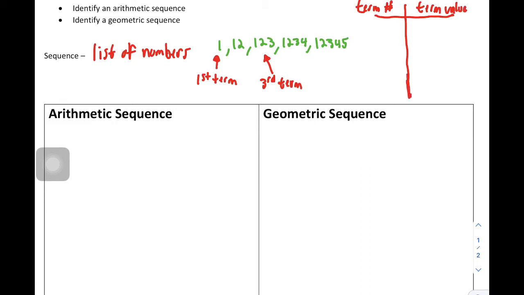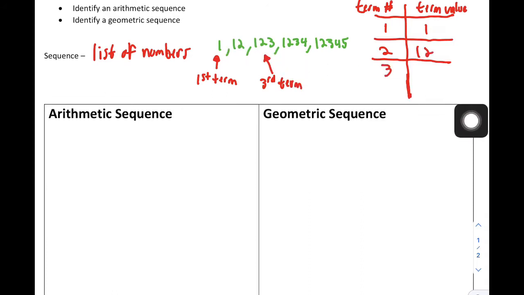So for example, my first term for this list, what was my first number? Oh, it was just 1. What was my second term? 12. My third term was 123. My fourth term was that.